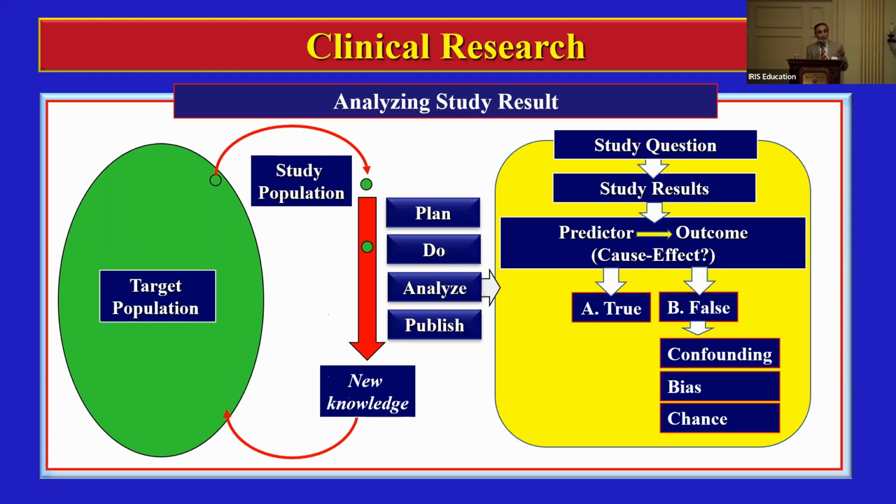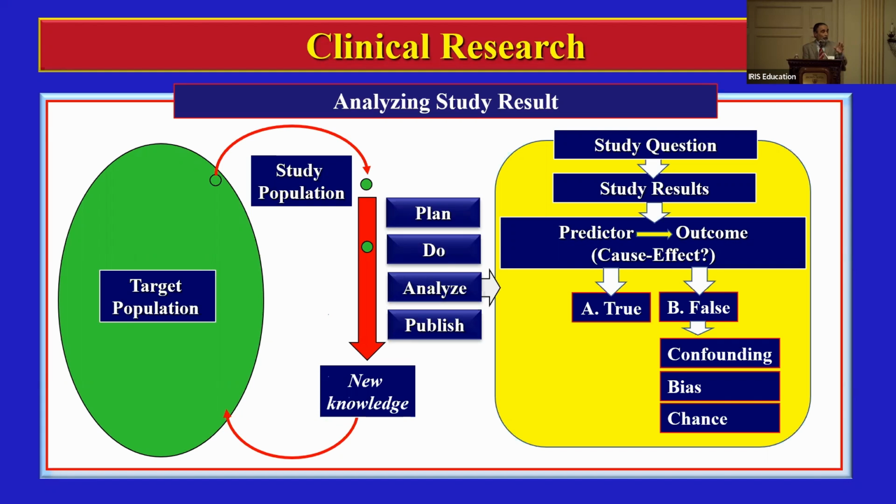There are three factors that explain why your result may be false: maybe confounding, maybe bias, or maybe chance. Every time that you analyze your study, or a study that you're reading in the literature, say tomorrow you read an article whose conclusion from 300 patients is that steroids decreased mortality in pneumonia, there's still controversy.